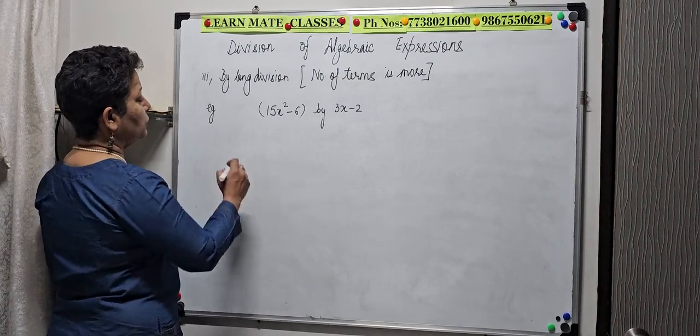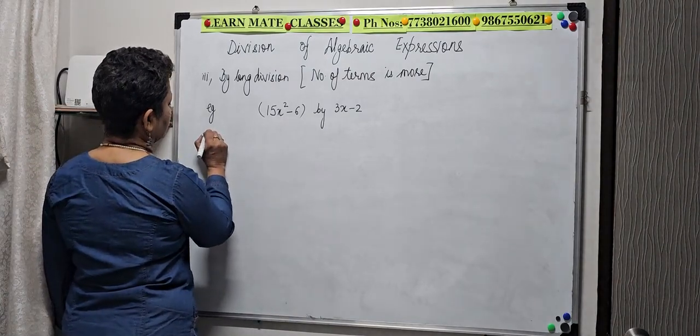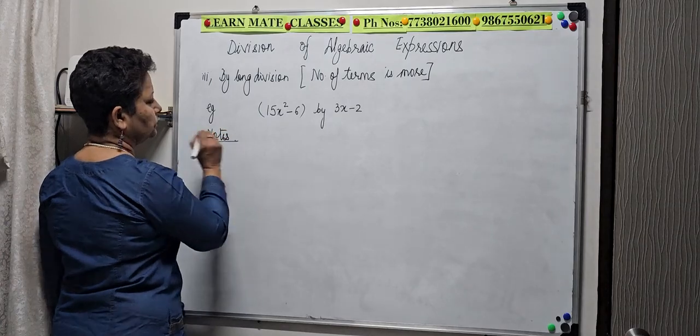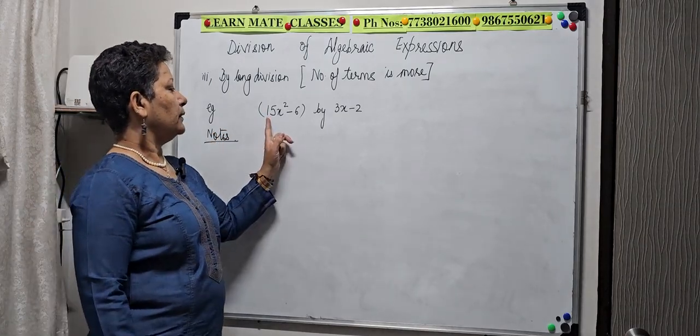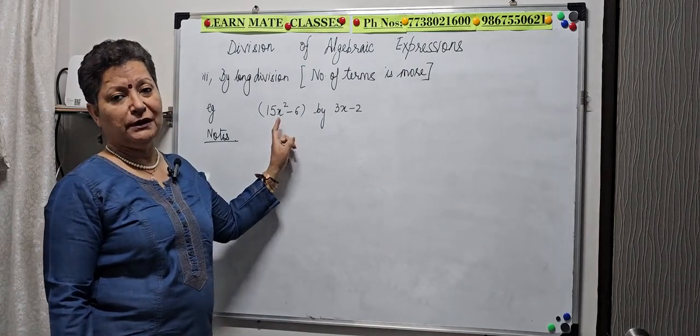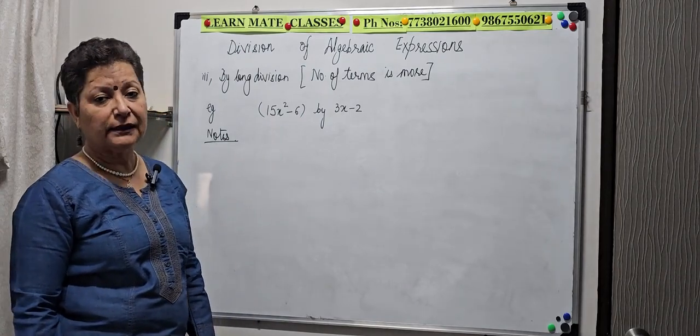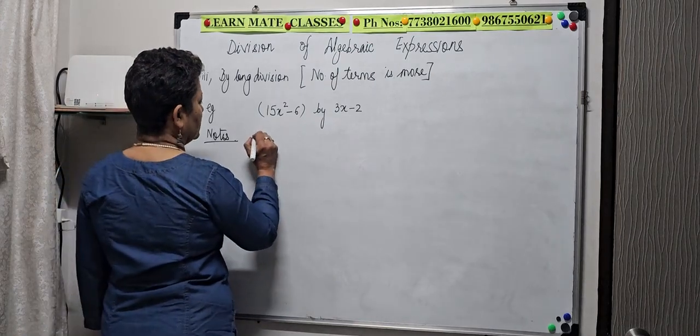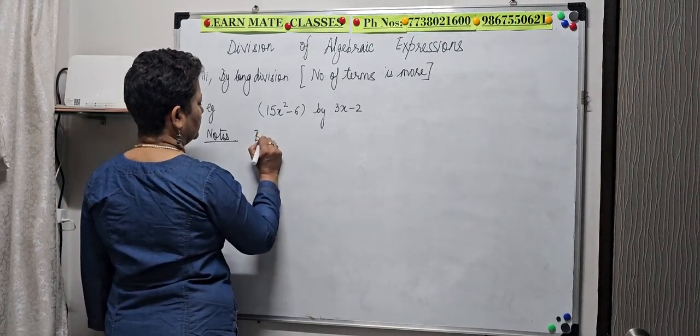So, there are a few things that need to be kept in mind, and these are notes which you need to write down. Now, the polynomials have to be written in decreasing order of degrees. So, both the polynomials.